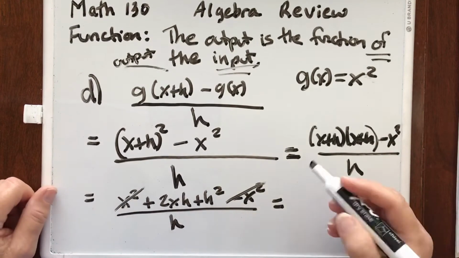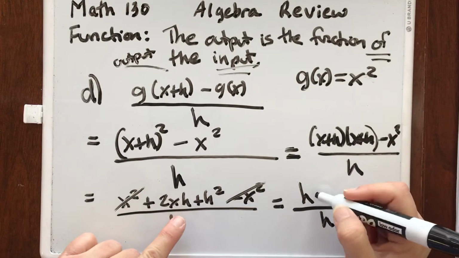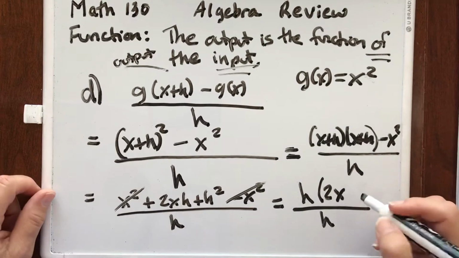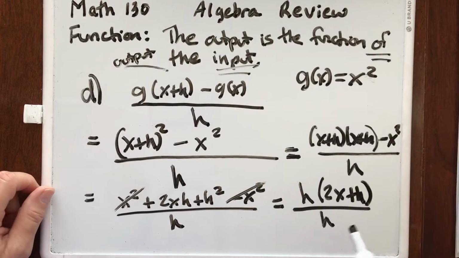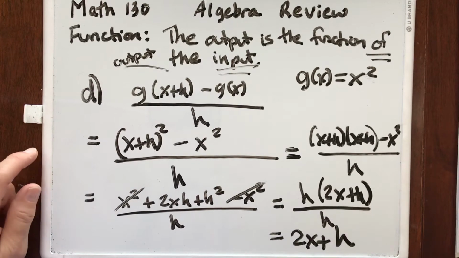So I'm going to factor out an h so that I can cancel it. Factoring out an h here, we have 2x times h is 2xh plus another h. h times h is h squared. All right, so now the h's cancel, and our answer is 2x plus h.